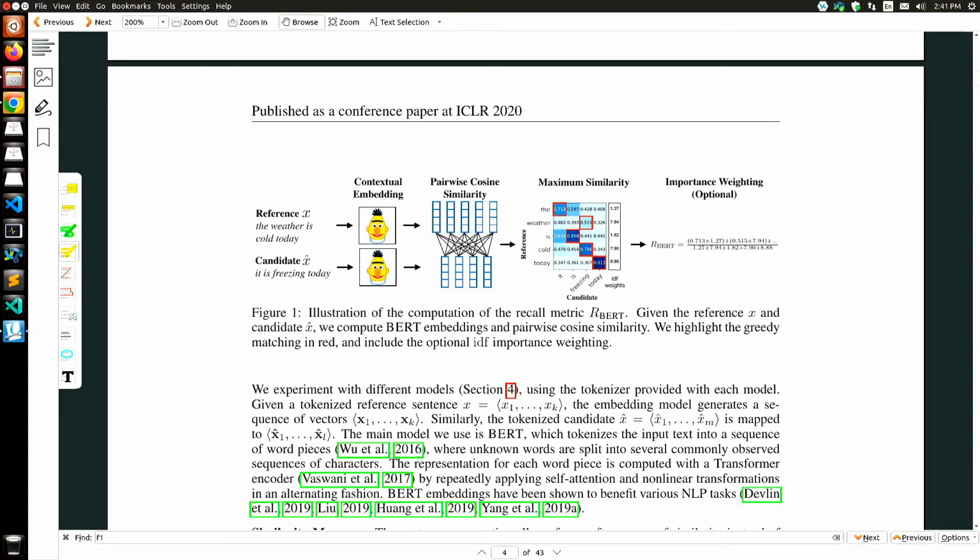As to the achievements of this paper, the results are most interesting in the evaluation of isolated sentence pairs. The correlation with human judgment is around 0.5 with most of the currently used metrics, but with BERTScore this correlation goes up to 0.7.